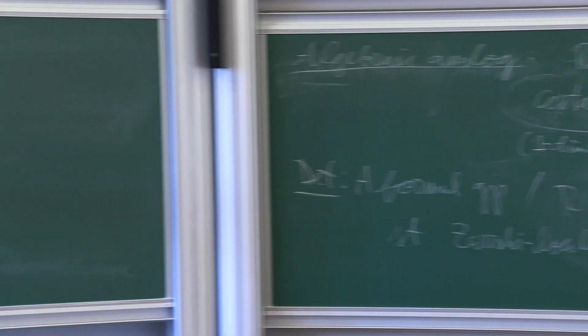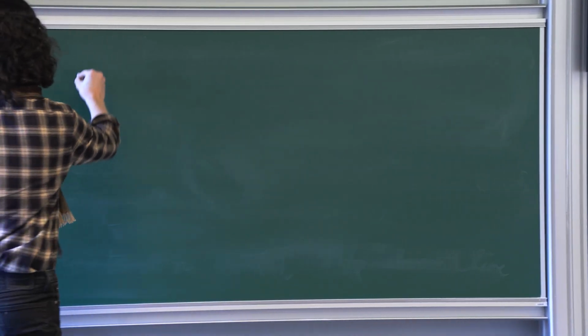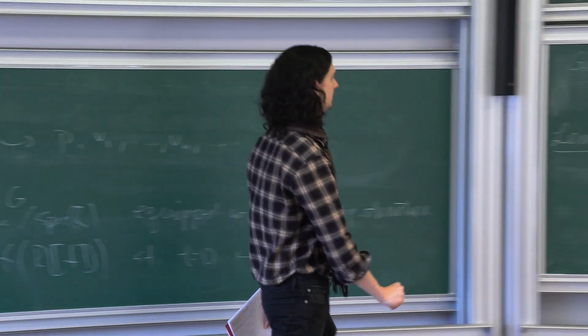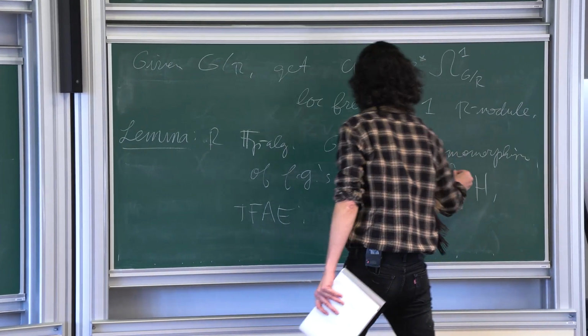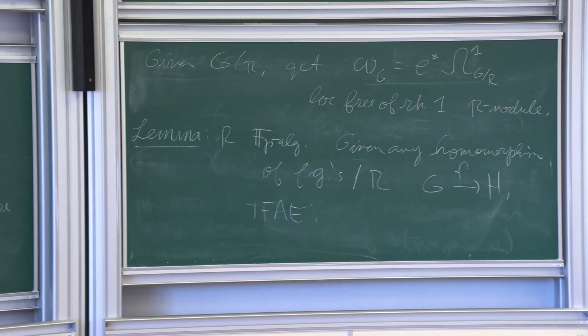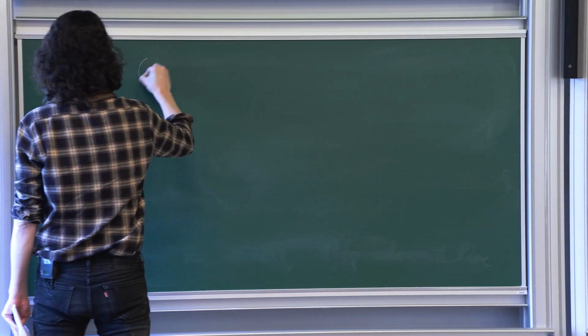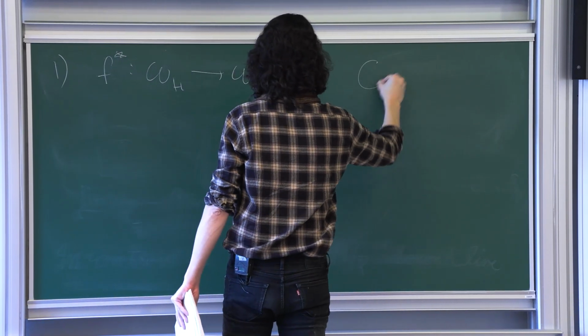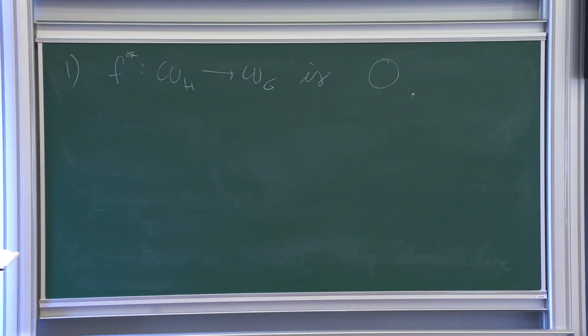The first: we get an induced map, let me call this homomorphism F, on cotangent spaces at the identity, and we can ask whether this could be identically 0.